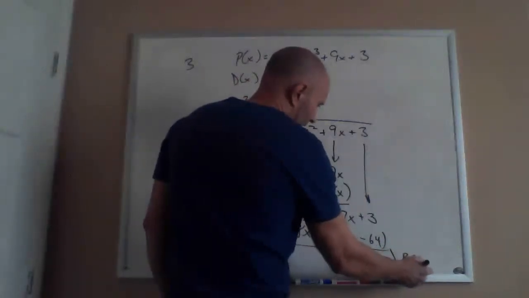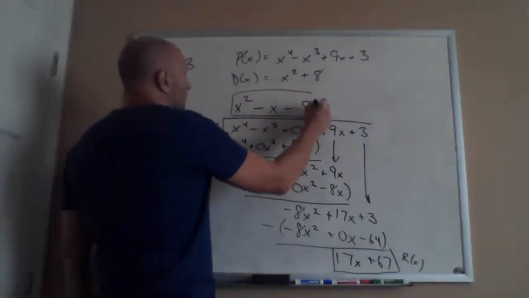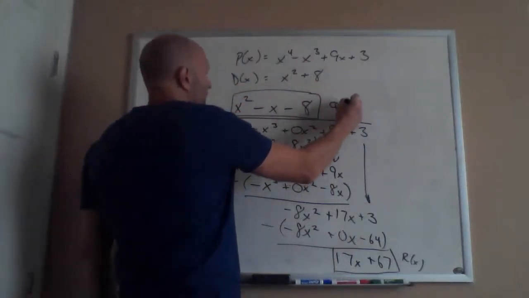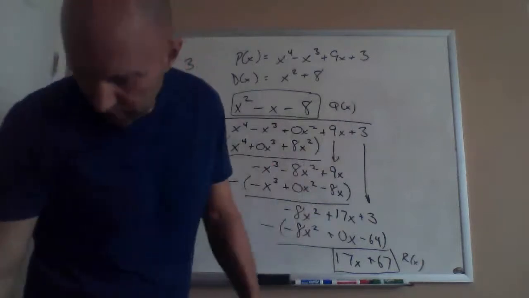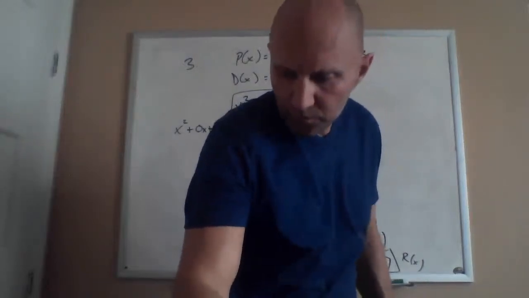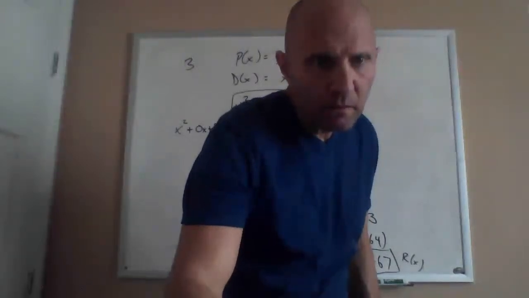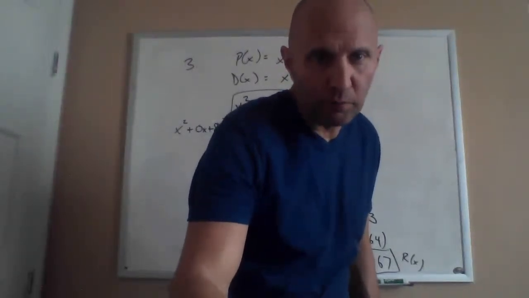So this is my R of x. This guy here is my Q of x. And let me see how they want the answer formatted. What's this, number 3? So they want it sort of as I described earlier.